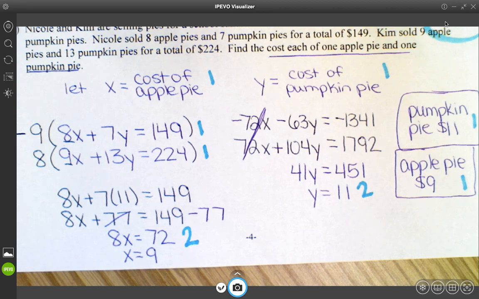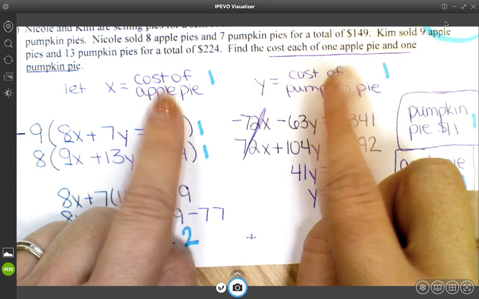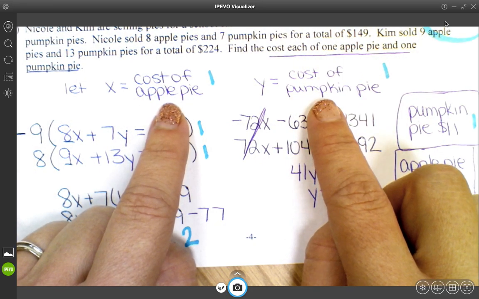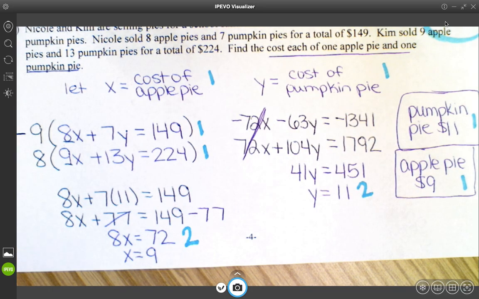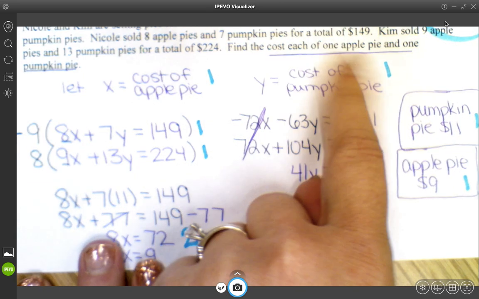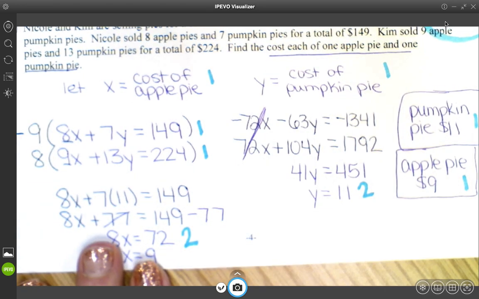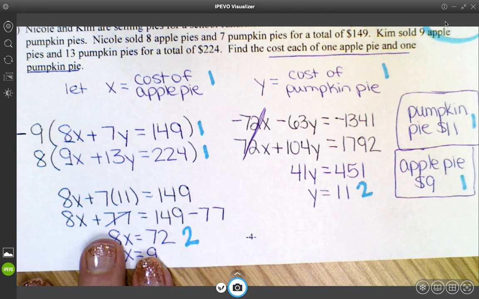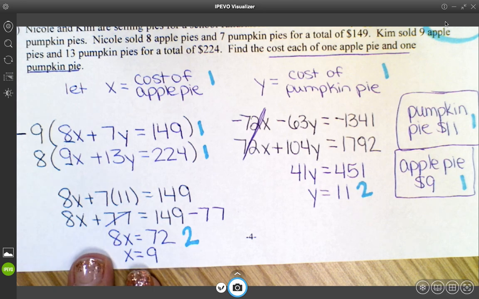When you are identifying your variables, it's better to over describe it than under describe it. So make sure you're including a cost or a number, and honestly just reword the question. If you see here the cost of each apple pie, cost of each pumpkin pie, if you reword it exactly like the question, that's going to guarantee you get your full points for that.